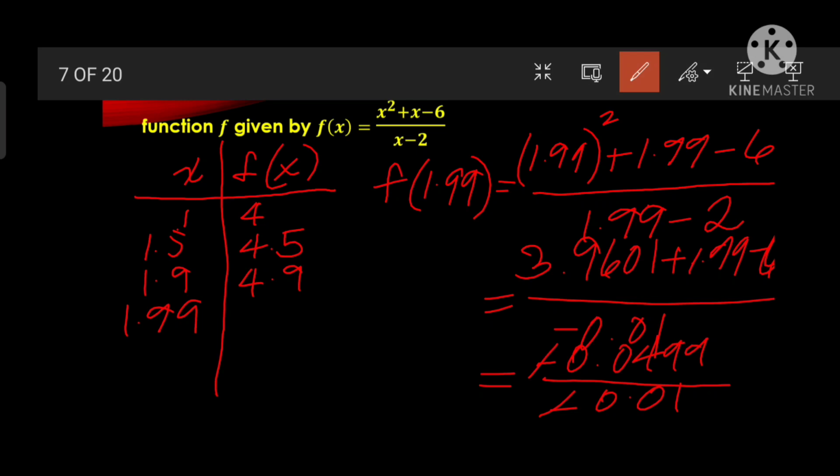So that means 0.0499 divided by 0.01. So we have 4.99. We already canceled out the negative sign here. So we have here 4.99.